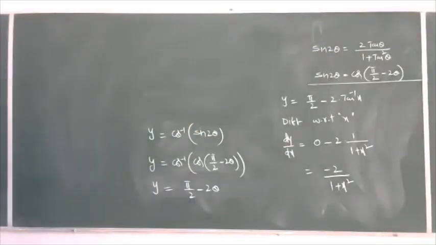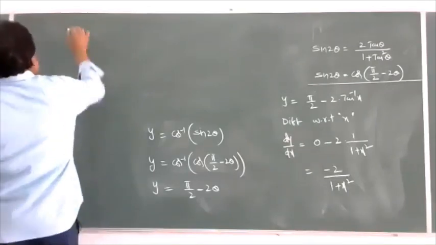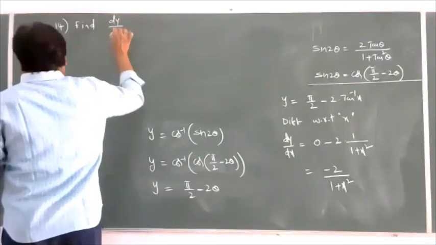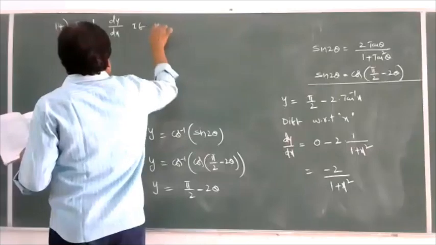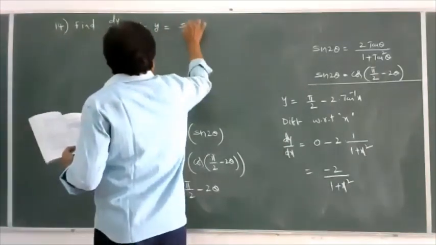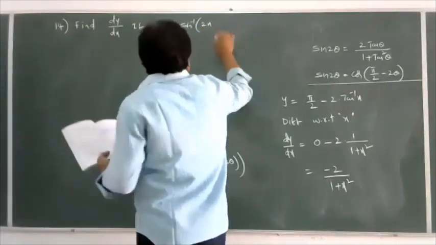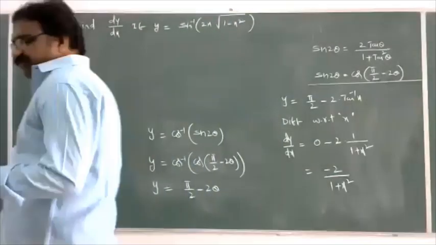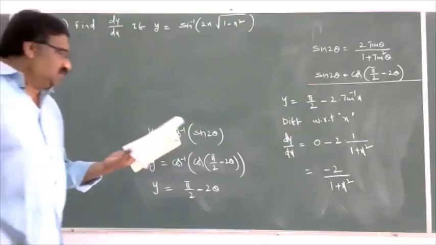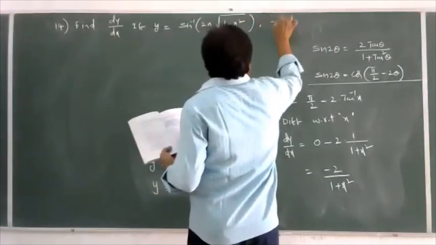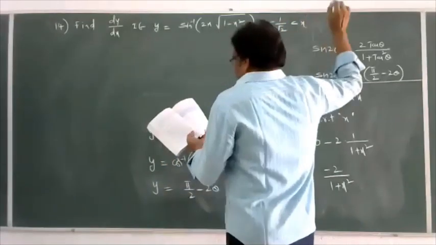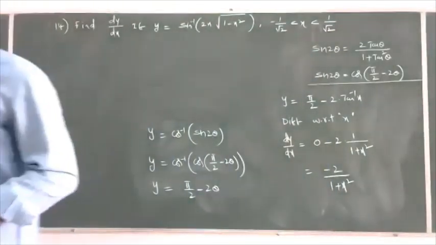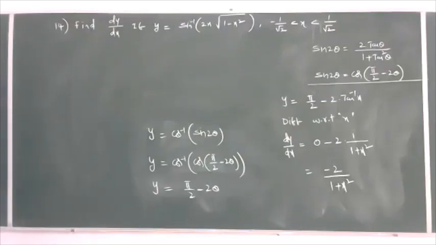Find dy by dx if y is equal to sine inverse of 2x into root of 1 minus x square, where minus 1 by root 2 is less than x is less than 1 by root 2.